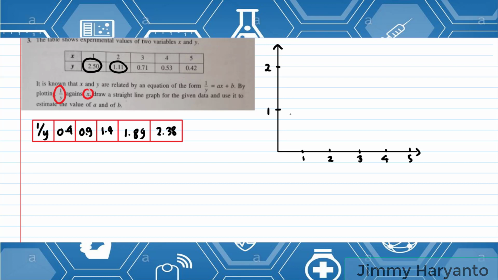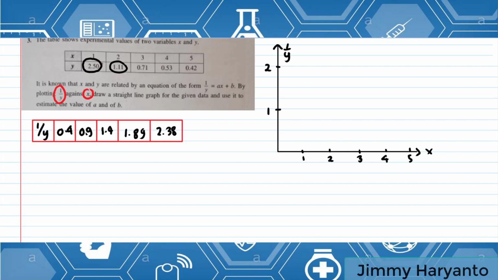And then for the graph, you will have to plot 1 over y against x. So this one is 1 over y, and this side is x. And then we have to plot one by one the points.